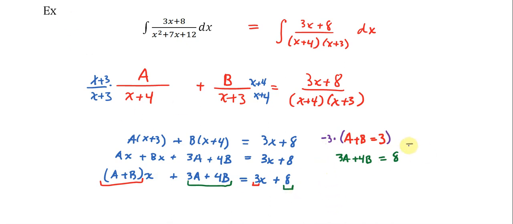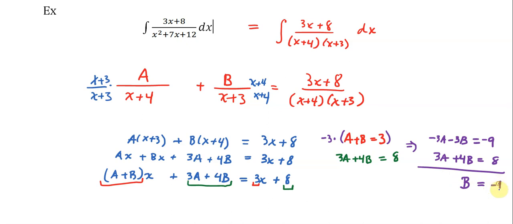This gives me -3A minus 3B is equal to -9. In the lower equation, positive 3A plus 4B is equal to 8. If I add the top and the bottom, the A's go away, and I get B is equal to -1.